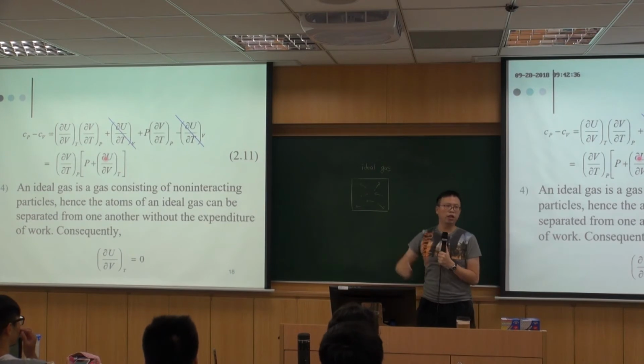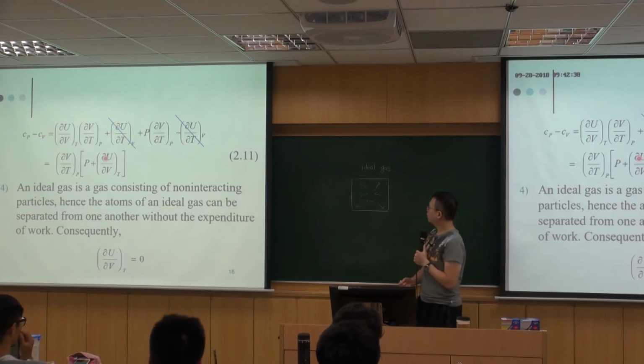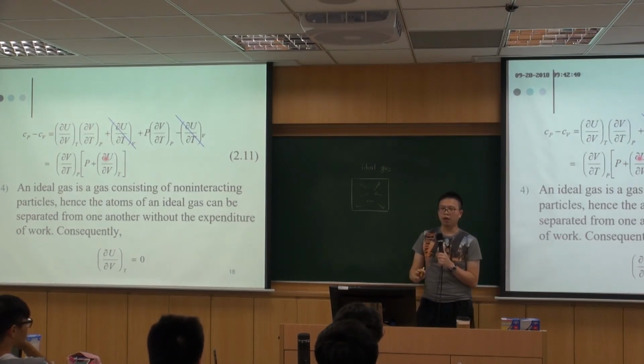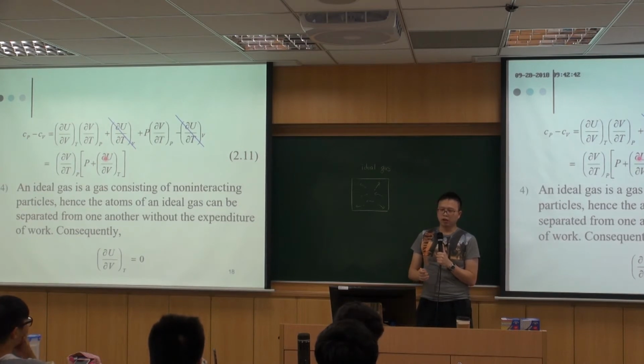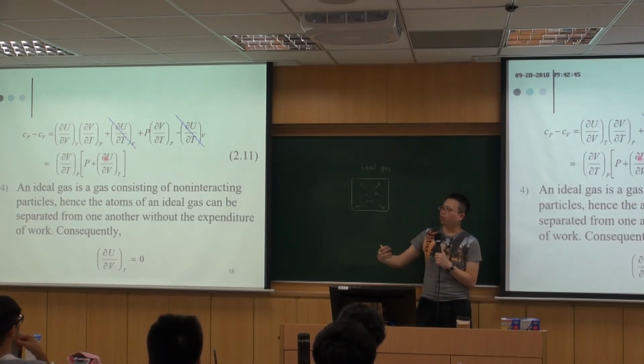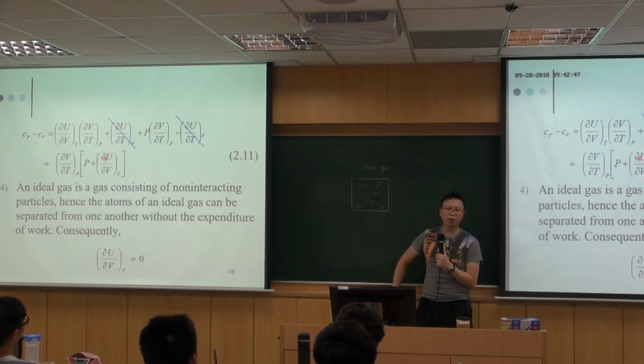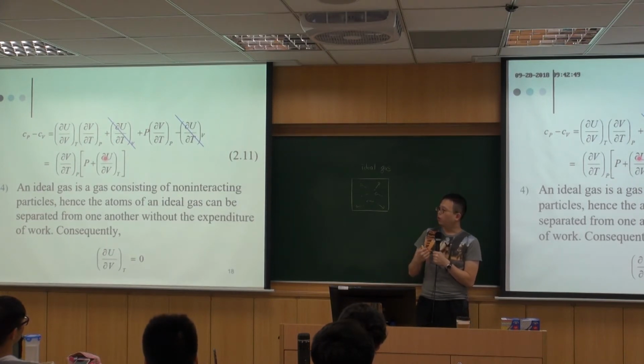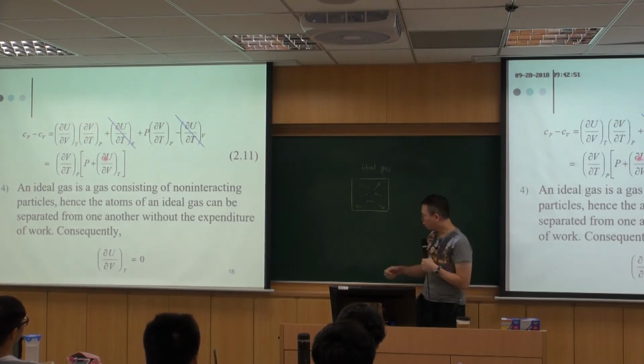They are not actually interacting with each other. So that's not the case for a real gas. In reality, for instance, the gas or the air that we're breathing right now, they are interacting with each other.